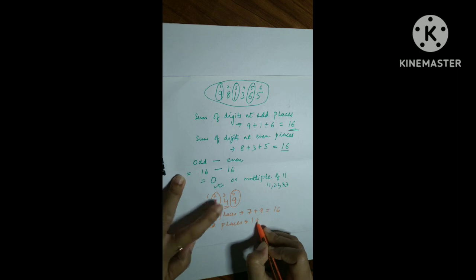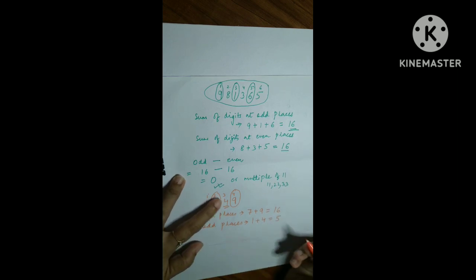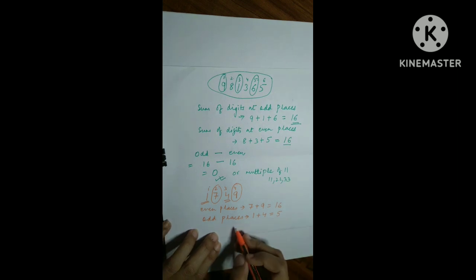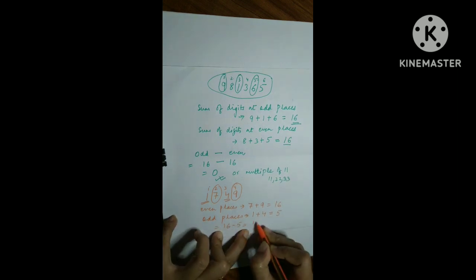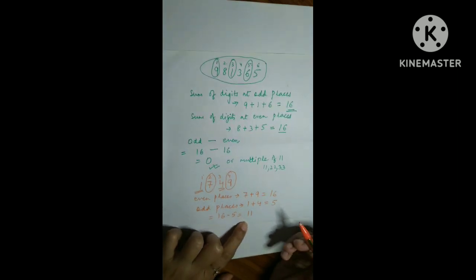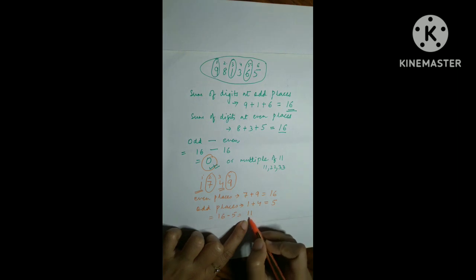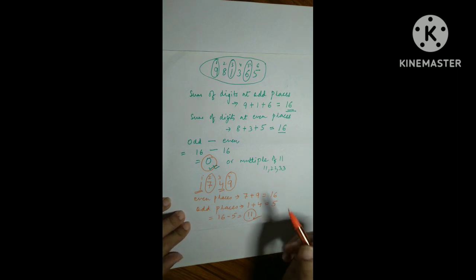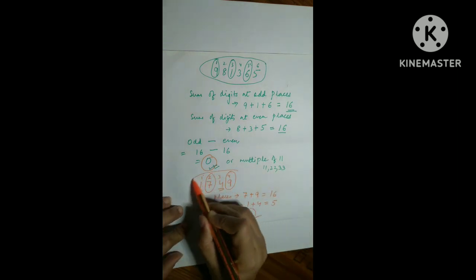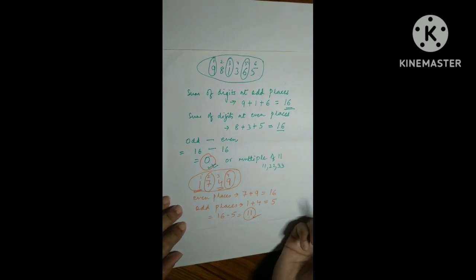So 1 plus number in third place is 4, 5. So we have to take out the difference. So 16 minus 5 is 11. So it says if the answer is 0 or multiples of 11, so this is the multiple of 11. So any of the answers is right. So this will also be divisible by 11.